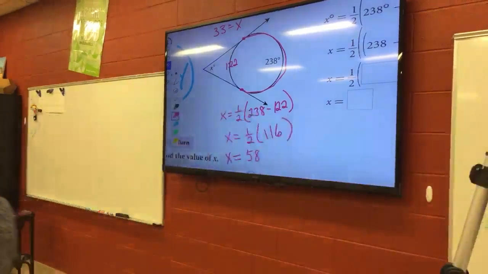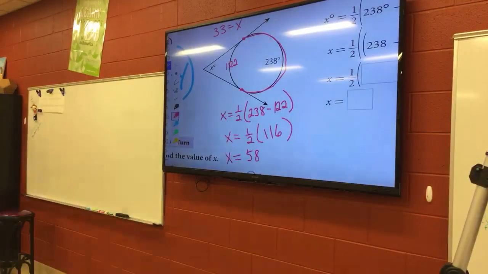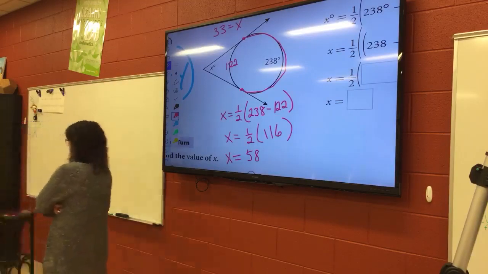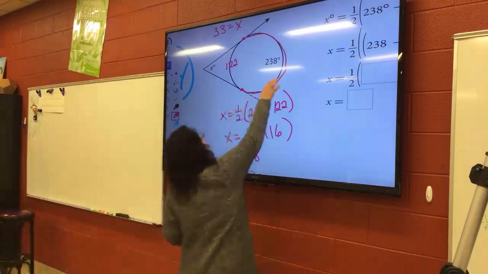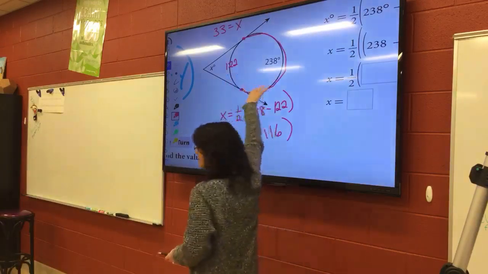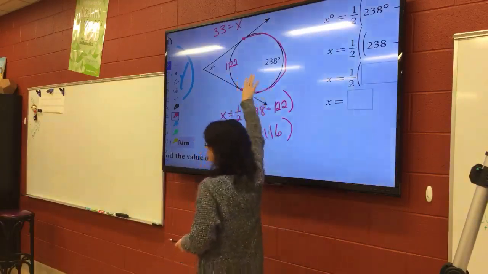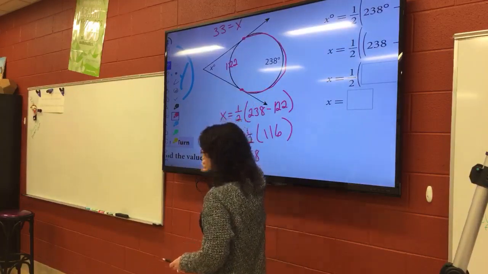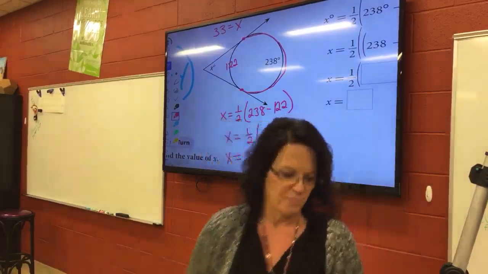It's going to have to give you some way of finding that other arc. There might be a couple of arcs in here, so it might give you a couple of measurements that you have to subtract from 360.